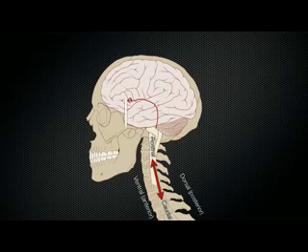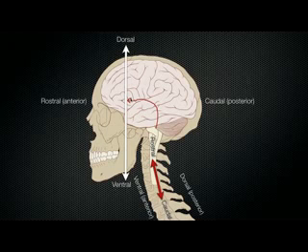And what we have then is dorsal being the top of the brain and ventral being towards the bottom of the brain, rostral or anterior being towards the front, caudal or posterior being towards the back of the brain. And so you can see we have this shift. Instead of dorsal, ventral being towards the back and towards the front, when we're beneath the brain, as we pass the midbrain region, dorsal now shifts to the top of the brain and ventral towards the bottom of the brain.